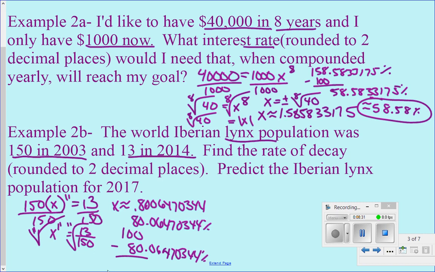When I do that, I get 19.93529. I probably have enough decimal places now. So now I'm ready to round, and I look at the third decimal place, and that is a 5 or above, so I'm going to round that 3 up to a 4, so 19.94% approximately is the rate of decay.